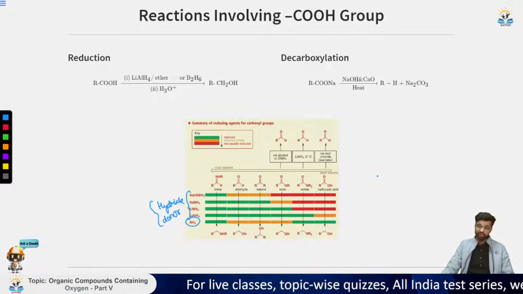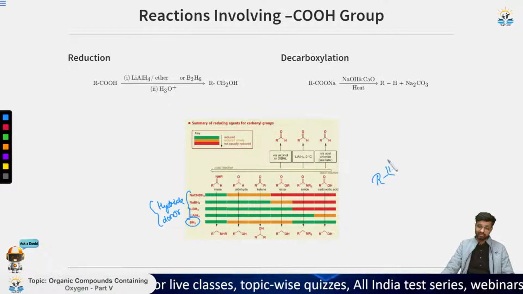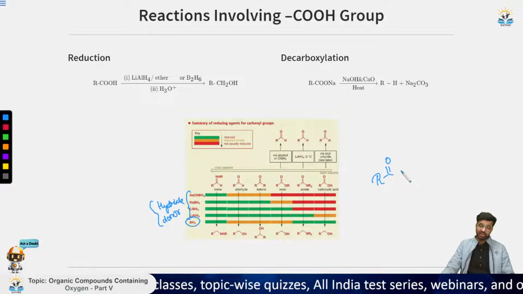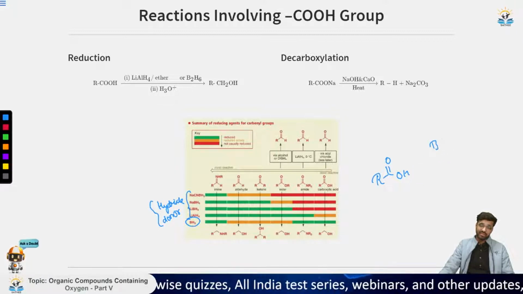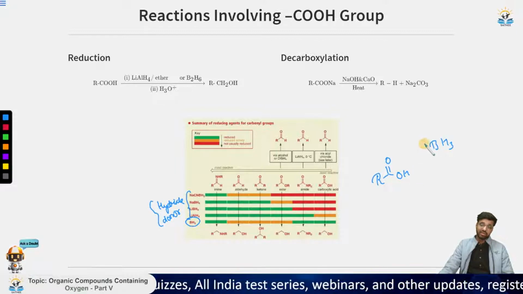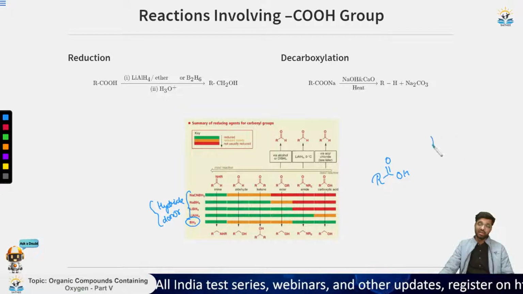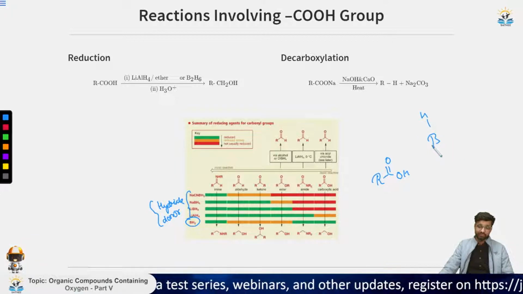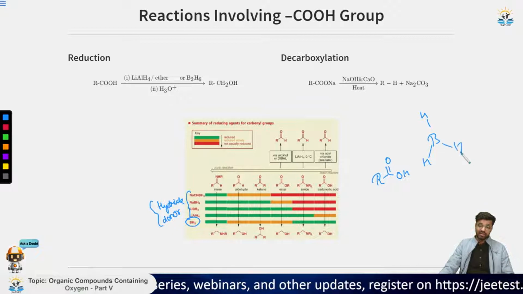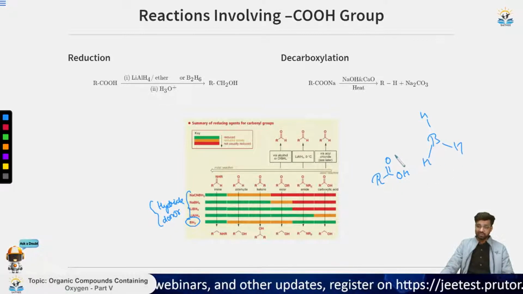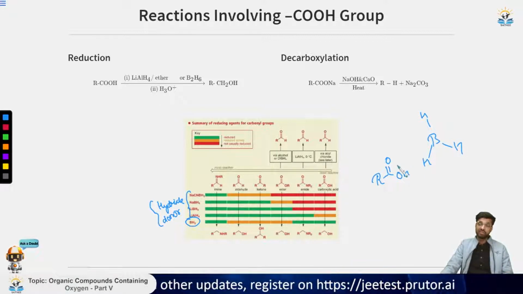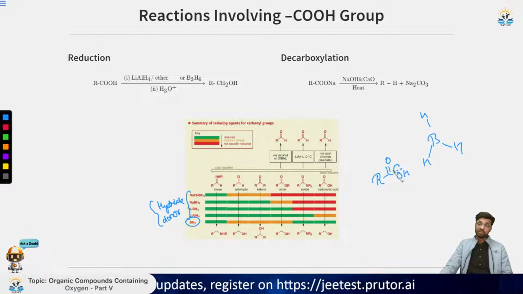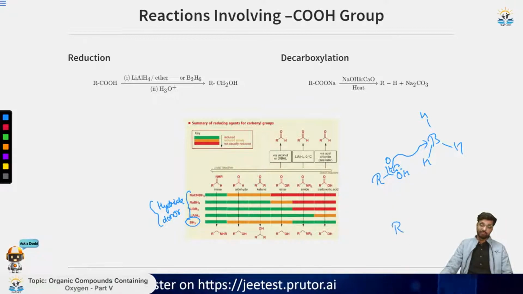So how does it work? Suppose we have this carboxylic acid or any other functional group. BH3 is a hypovalent compound, which means it is electron deficient. So something that is electron rich in nature will easily get reduced with BH3. How? This will resonate here, and this lone pair will be donated here.